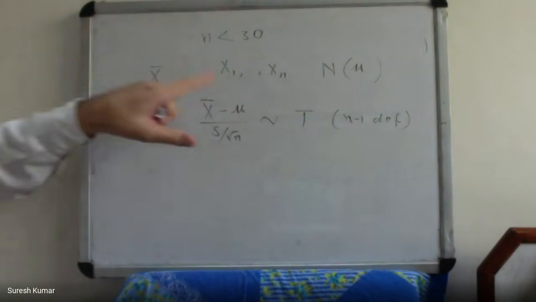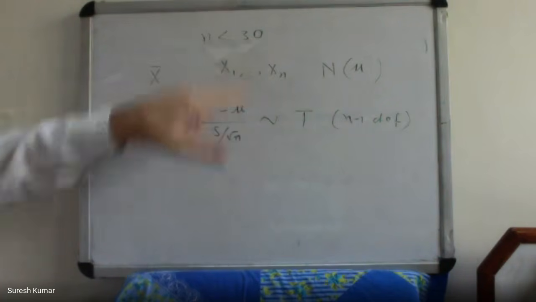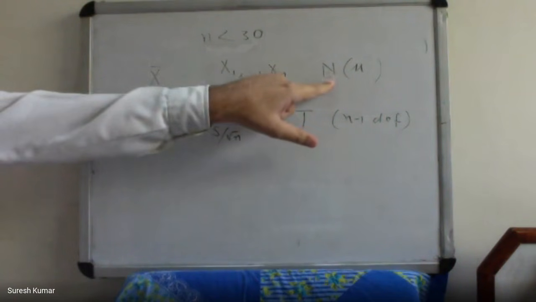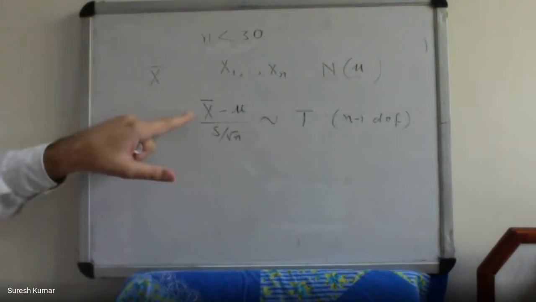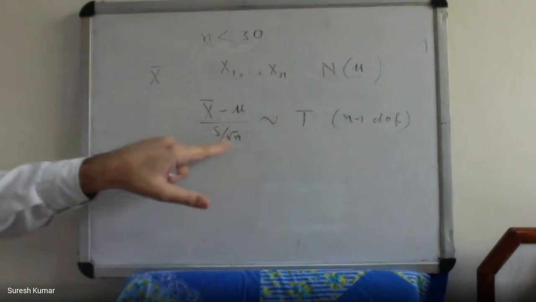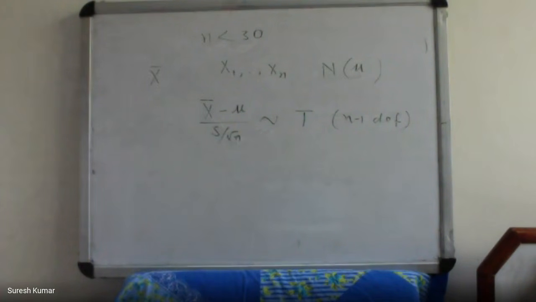Again, I repeat, a random sample of size n, where n is less than 30, is taken from a normal population with mean mu and unknown variance. Then the statistic x bar minus mu over s by root n follows a t distribution with n minus 1 degrees of freedom. Let's accept this result without proof. It can be proved.